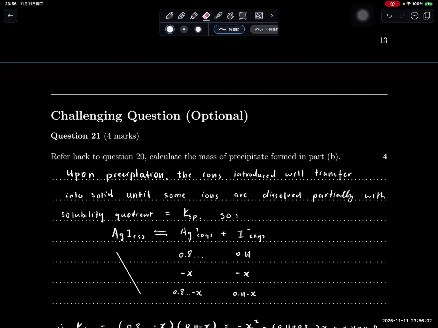When we get towards the end of all the modules and we start doing revisions, you will see this is like it happens. So upon precipitation reaction, we know that the ions introduced will transfer into solid until some ions are dissolved partially. Okay. So the solubility quotient at that point will be equal to KSP at equilibrium. Okay.